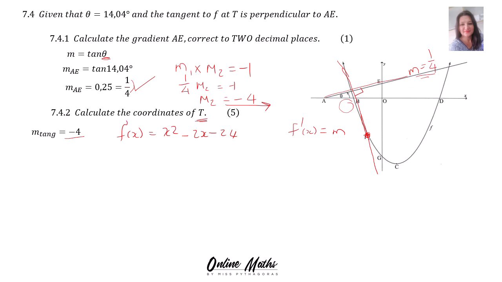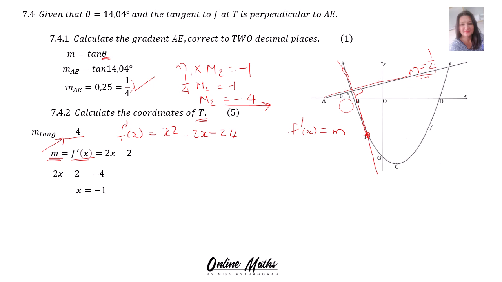And when we find the derivative there, we get 2x minus 2. And then derivative means gradient. And we know what the gradient is. So into the gradient, we substitute -4, and we have the derivative there. We equate them, we solve x, and we find that the x coordinate there at T is -1.